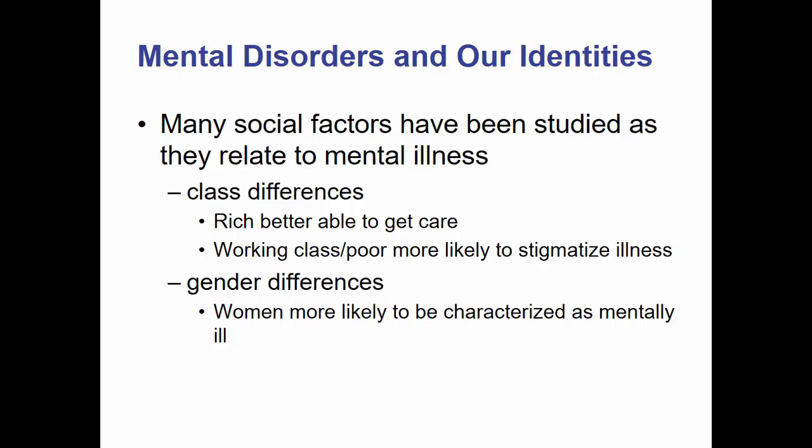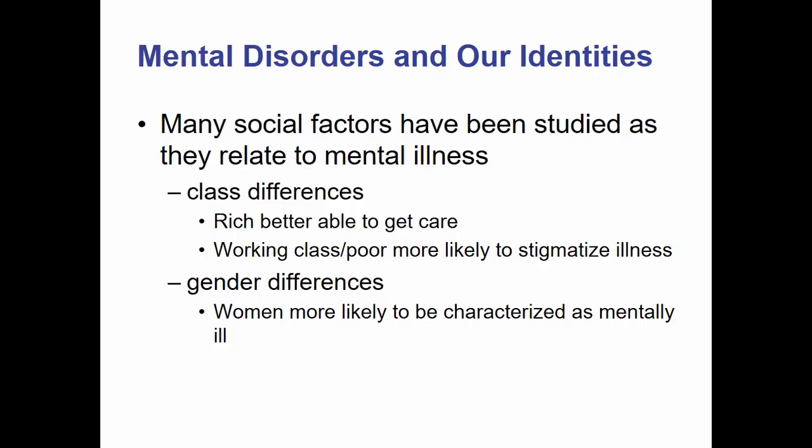There are also gender differences. Women are more likely to be categorized as mentally ill. This also has to do with social factors. So there's just a concept that women are more emotionally fragile, that women are less able to deal with their feelings, right?